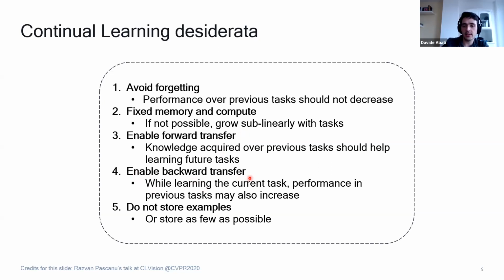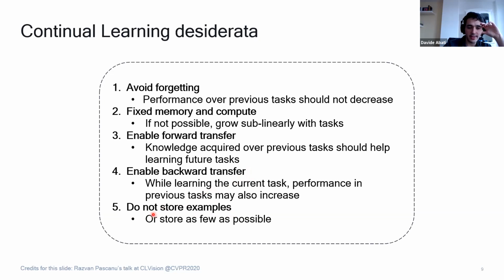If we learn task 2 and task 2 is somehow correlated to task 1, as we learn task 2 we may also improve over task 1. This is something that most continual learning models don't have, but it's good to have or to aim for.